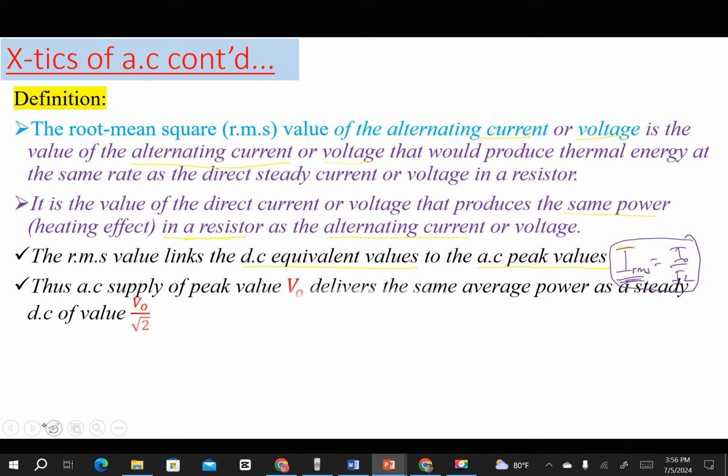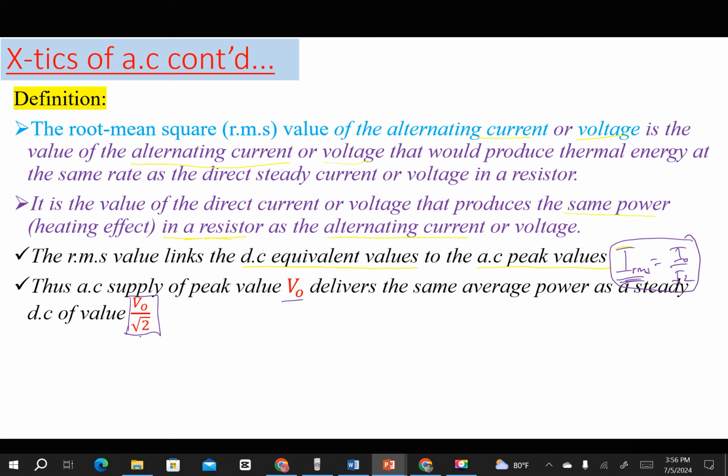Okay, so if you supply AC whose peak is V naught, then this delivers the same average power as a steady DC of value V naught over root 2.